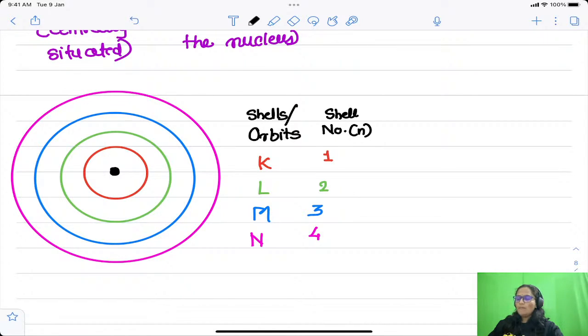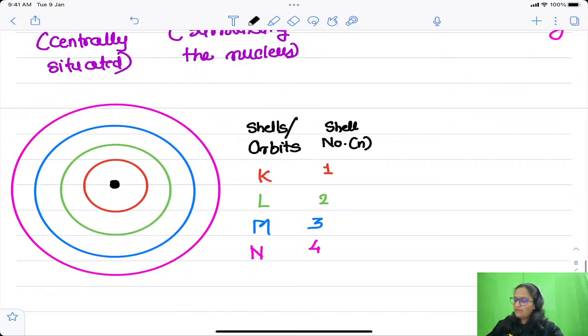Okay, so Niels Bohr has given one formula to tell exactly how many people, that is electrons, can stay in a particular shell. I will write down the formula.